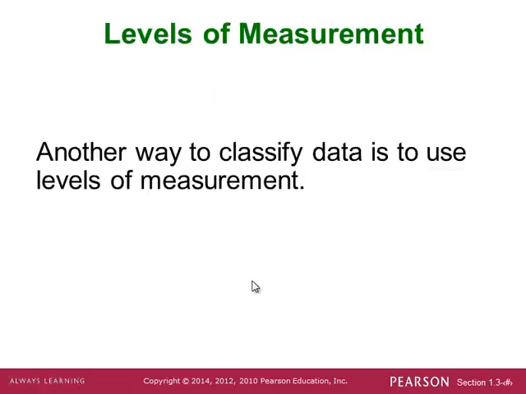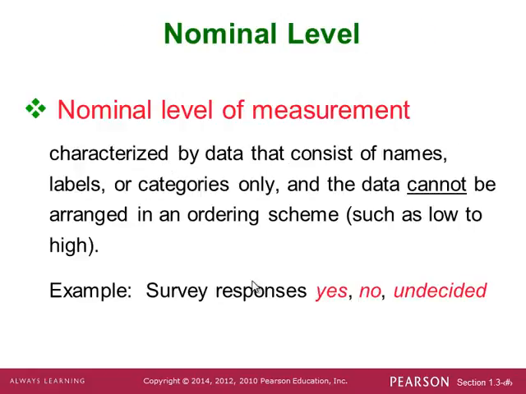Now, we're going to talk about levels of measurement. There are 4 different levels here. There's the nominal level, and we're just talking about labels here. It consists of names, labels, categories, data that cannot be arranged in any sort of ordering scheme.